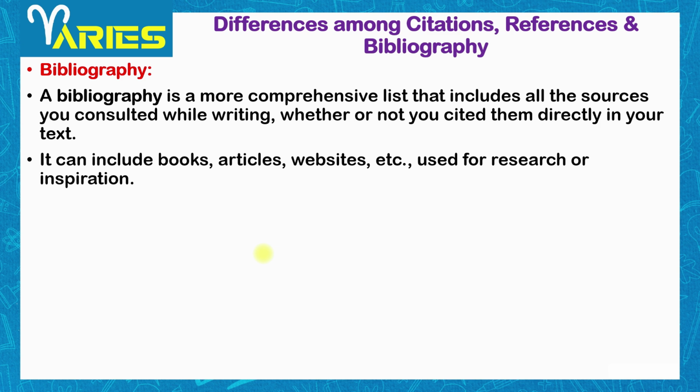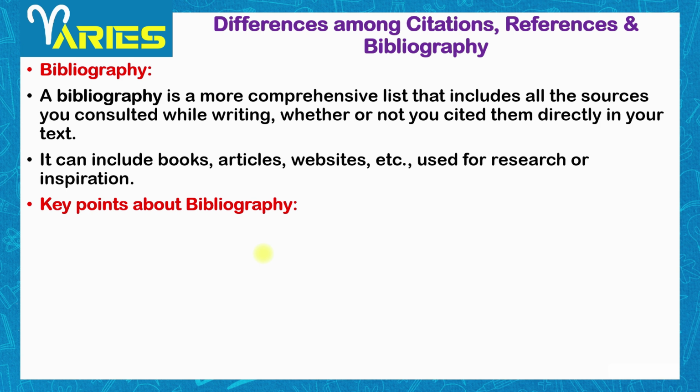It can include the list of books, articles, websites, etc. that a researcher has taken inspiration from. So all those things from which the researcher has taken inspiration, ideas or information will appear in the bibliography.